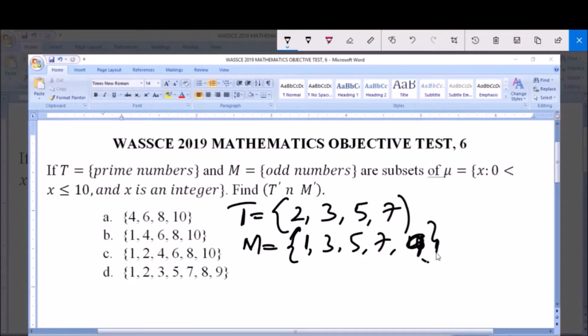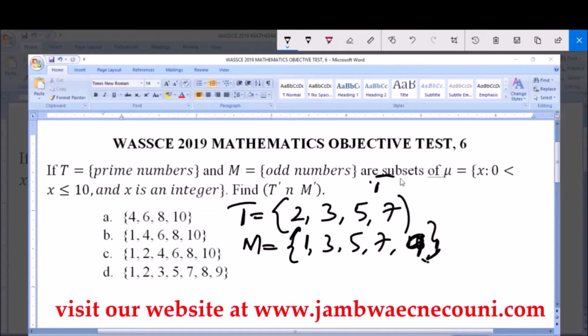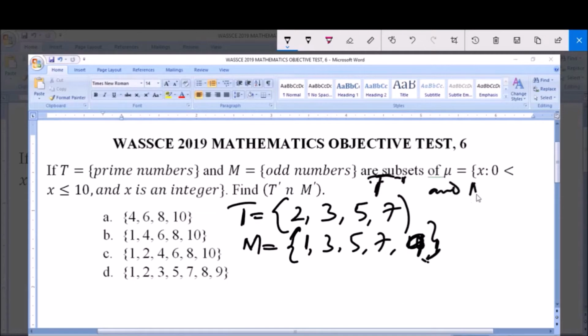Now this particular question is talking about T prime and M prime.